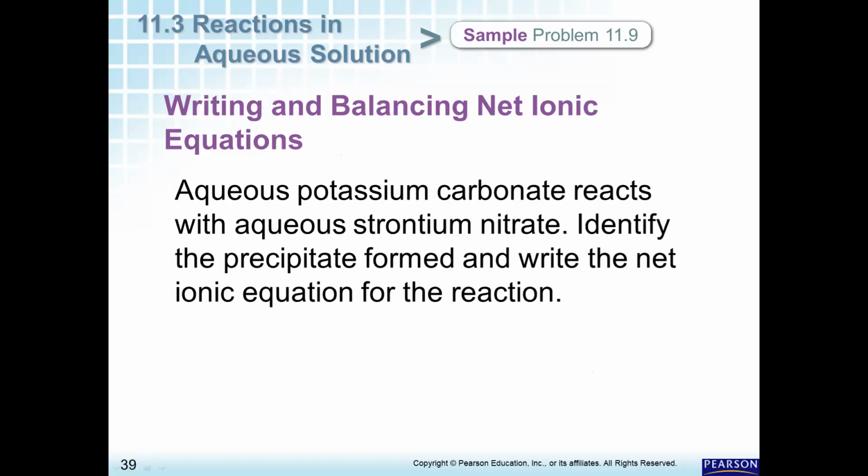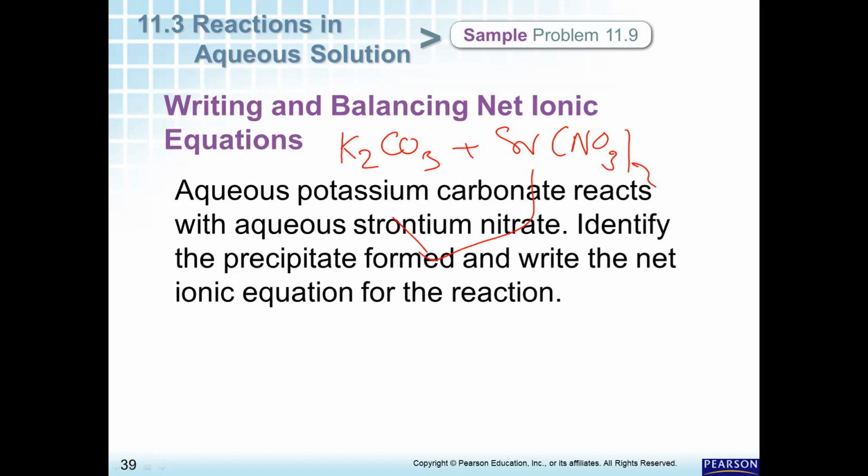Aqueous potassium carbonate reacts with aqueous strontium nitrate. So this is aqueous potassium carbonate. Potassium carbonate is K2CO3. Definitely, this is soluble. Why? Because of the potassium. Plus strontium nitrate, Sr(NO3)2, NO3 taken twice.